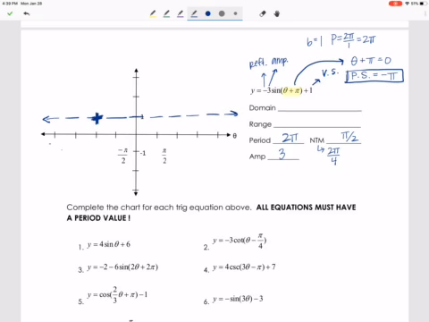All right, so at this location, if that is kind of my 0, if you will, sine would normally start at 0. It will still start at 0. Let me pick a different color. All right. From there, sine would normally move up 1 and then back to the line. But if I have a -3, I now have to move down and 3 away from the line. So 1, 2, 3.